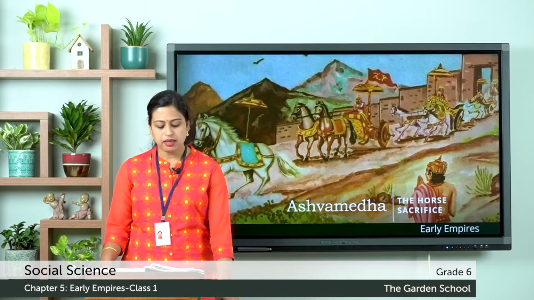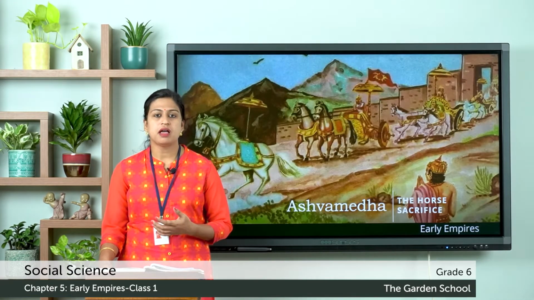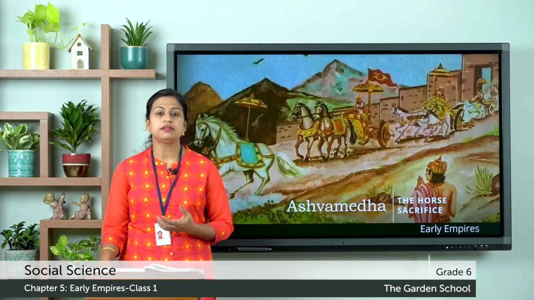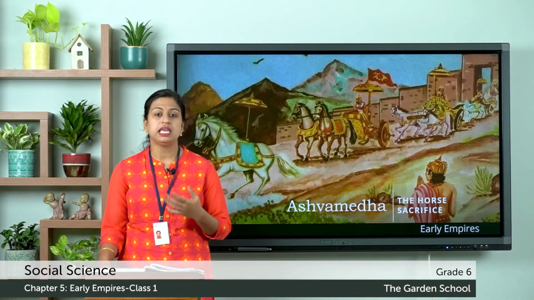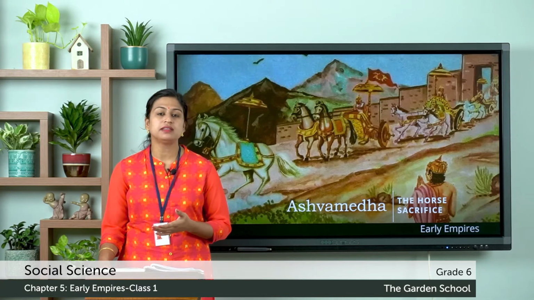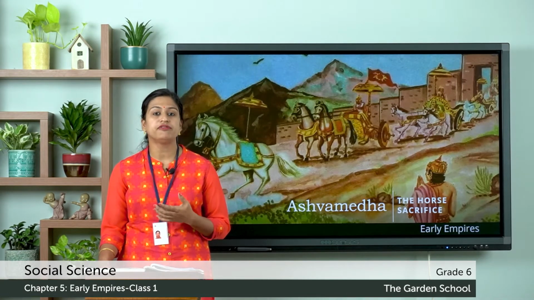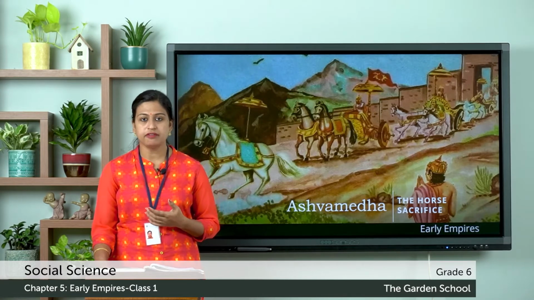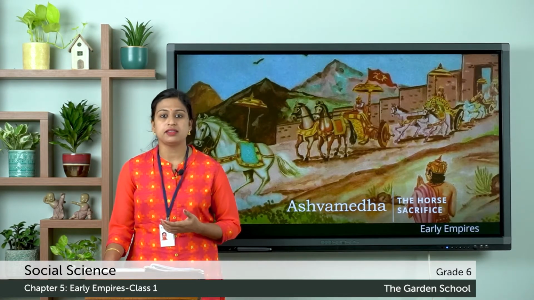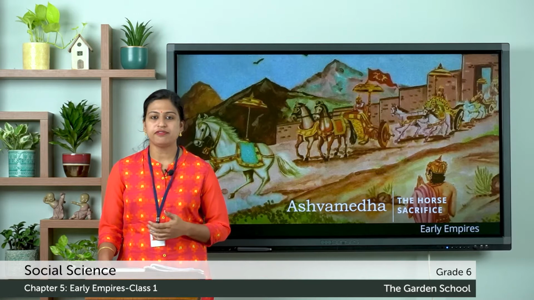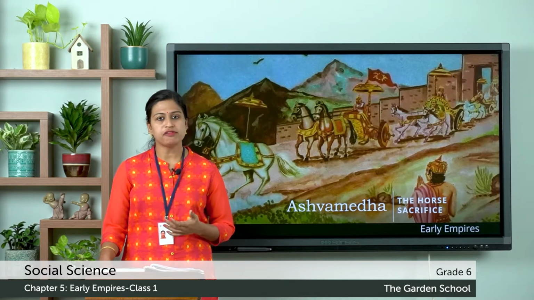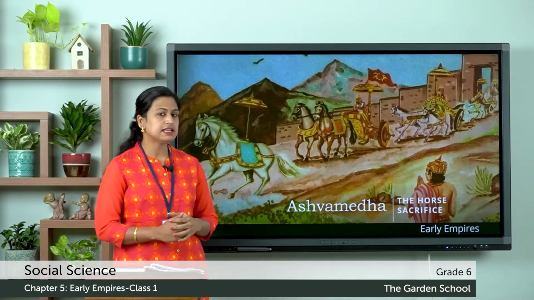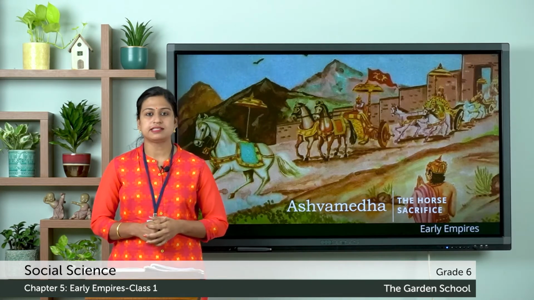Some men now became Rajans by displaying their extraordinary bravery or ability in war, also by promising the subjects to protect them from enemies, and also by performing big sacrifices. At this time, the kings performed sacrifices to show their strength. The most common sacrifice performed by the powerful kings was the Ashvamedha sacrifice, or the horse sacrifice.